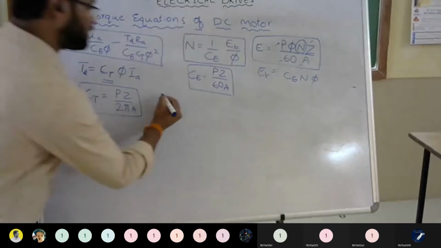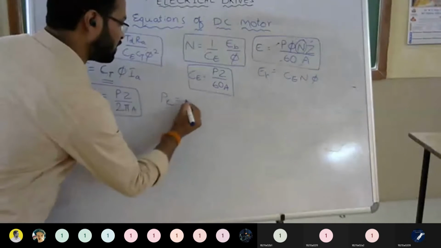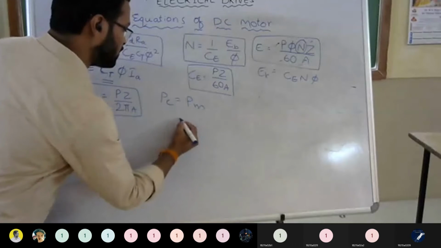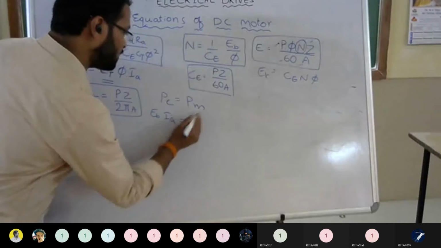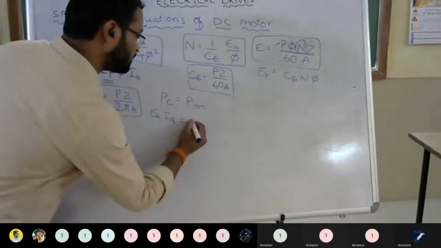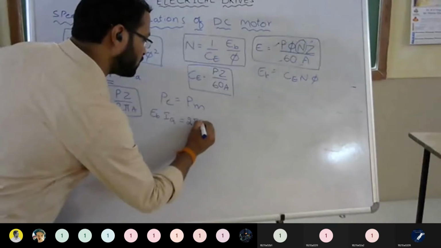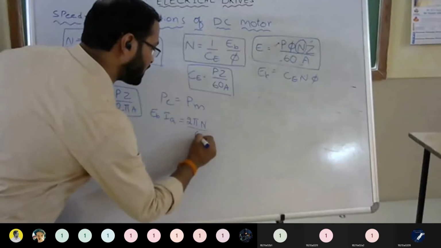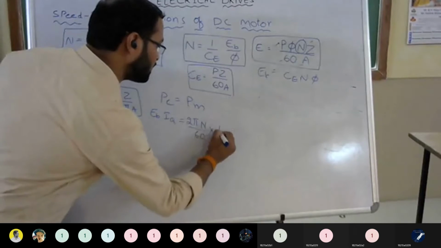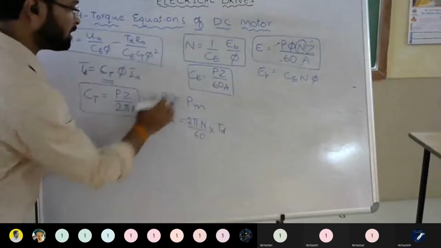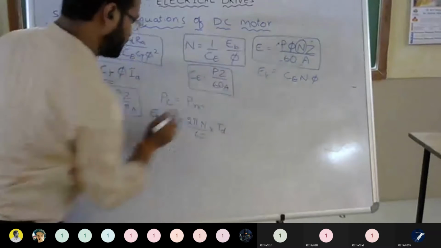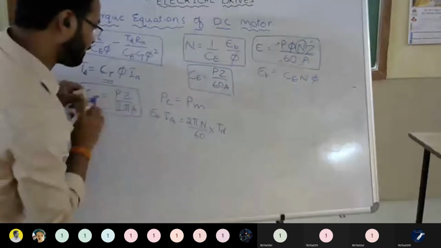We already discussed that in a motor, electrical power developed is equal to mechanical power produced. So electrical power is equal to EB into IA. Mechanical power is omega m into TD, that is 2 pi N by 60 into TD. This is the mechanical power developed. So we replace EB with its formula.